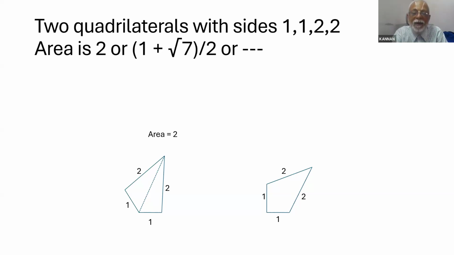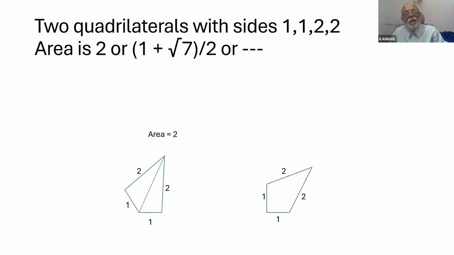One triangle, right angle triangle, where sides are 1 and 1. It is easy to calculate the area. Half into 1 into 1, it becomes half. For the other one, 3 sides are there, 2, 2, and one more side. If we calculate using Bodhayana Pythagoras theorem, it becomes root 2.